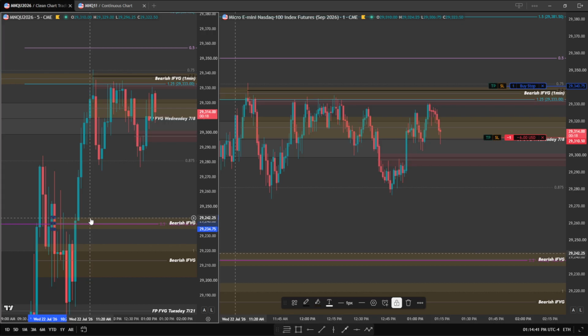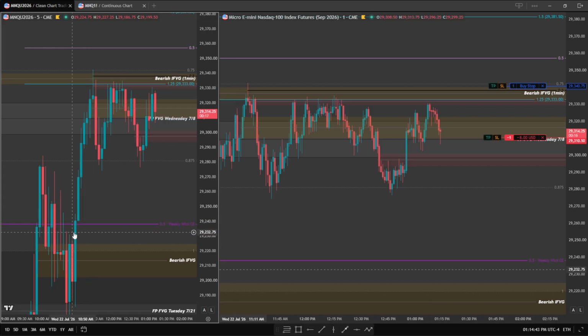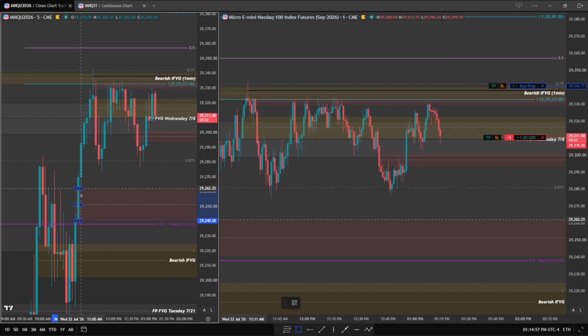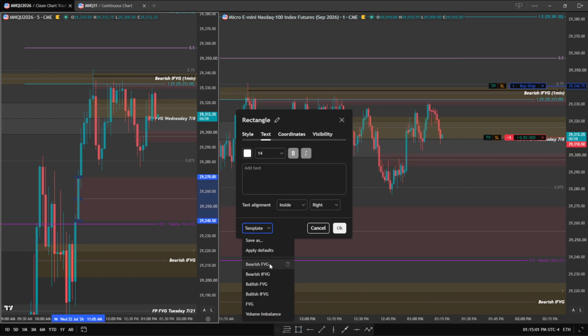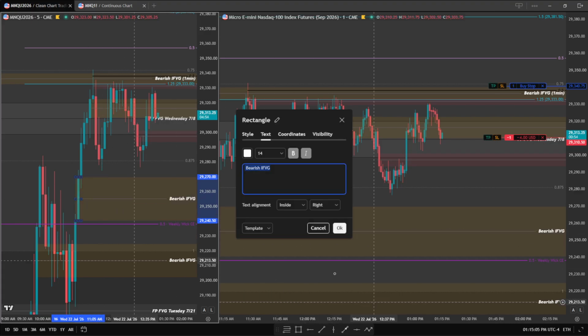Get rid of this one so it's not too messy. 40 and a half, 40 and 3/4, 69 and 3/4, 70. So that's a suspension block. I want to see speed through that. Label it.